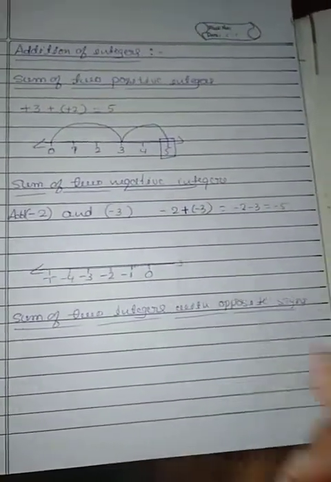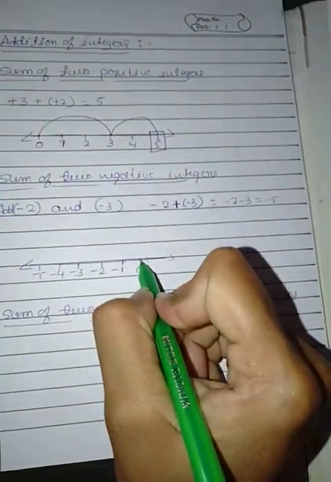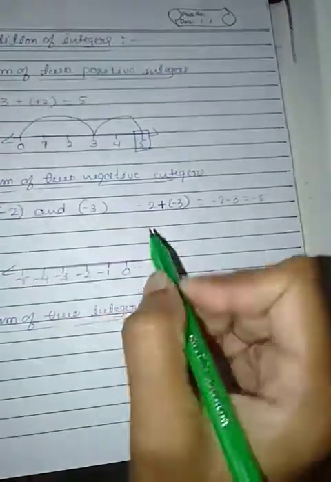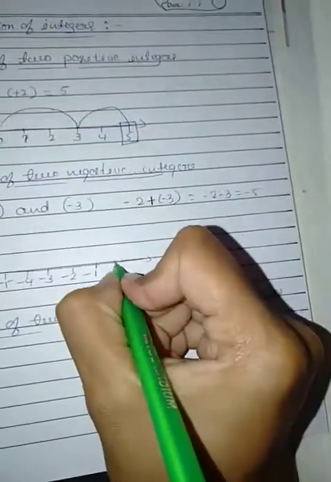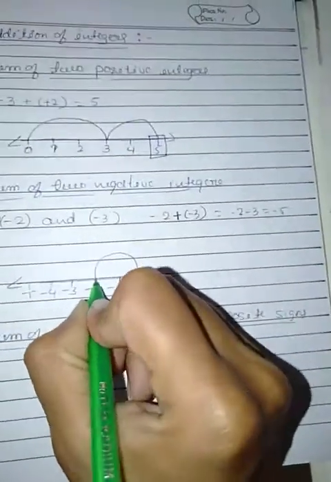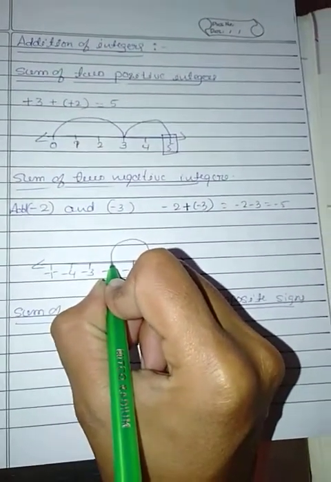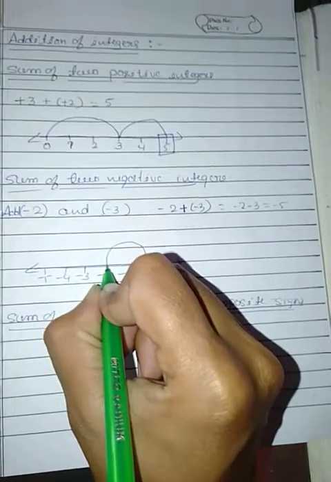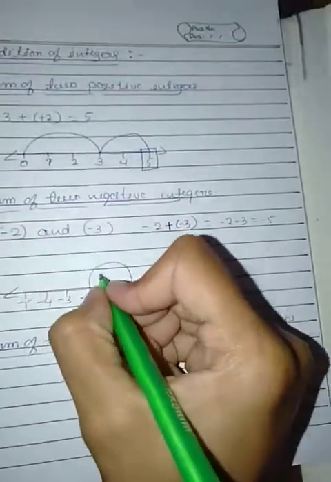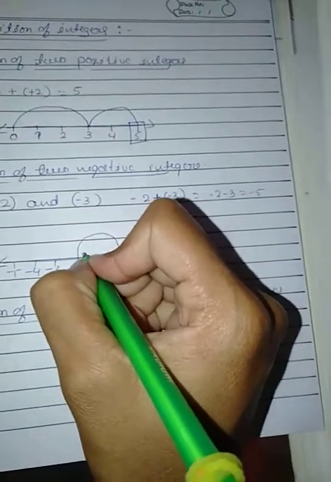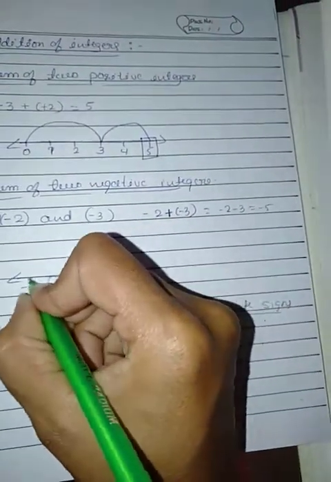First start from 0 and move 2 places to the left for minus 2. Okay, 1, 2, on the number line. Then move 3 places to the left for minus 3. 1, 2, 3.